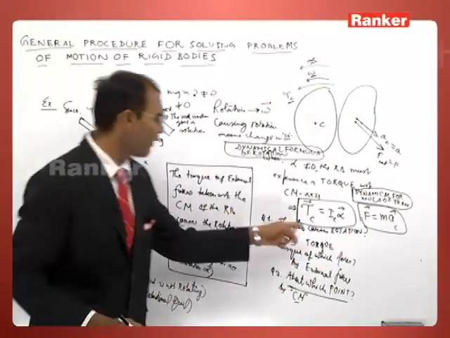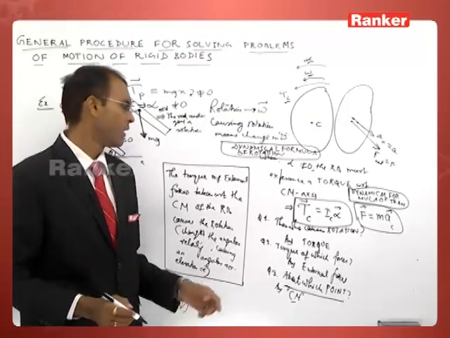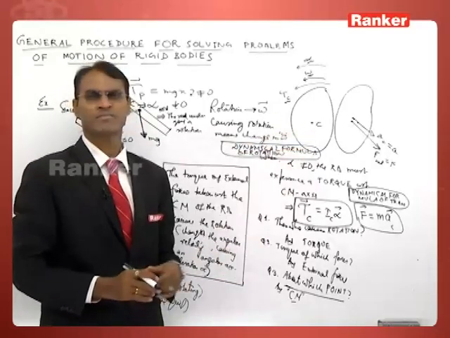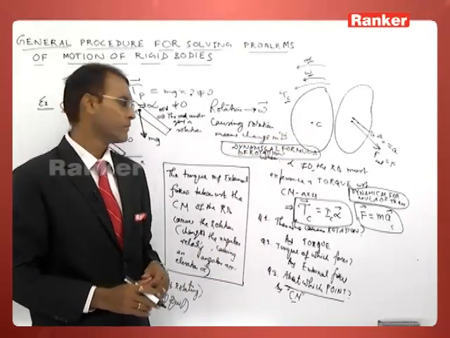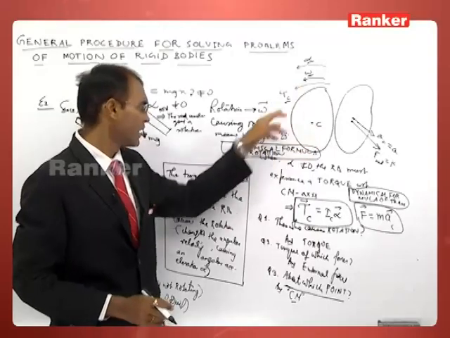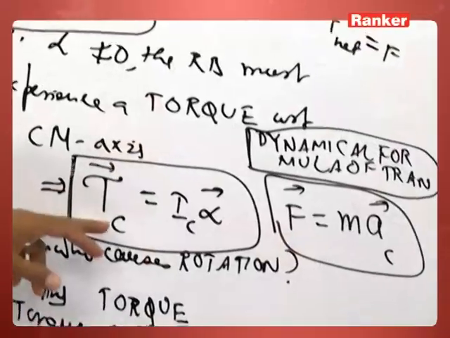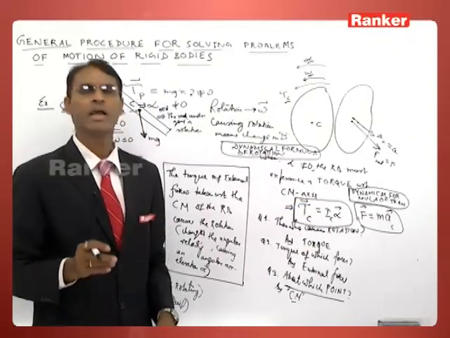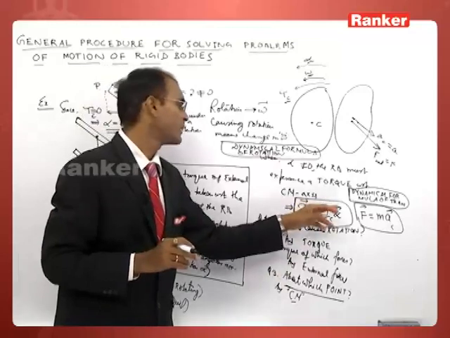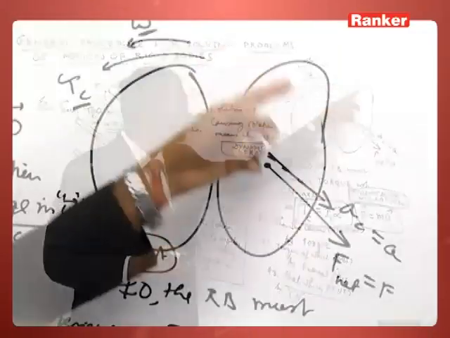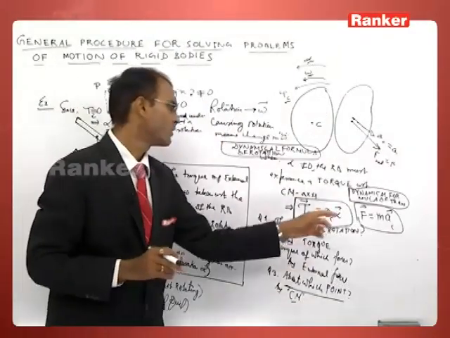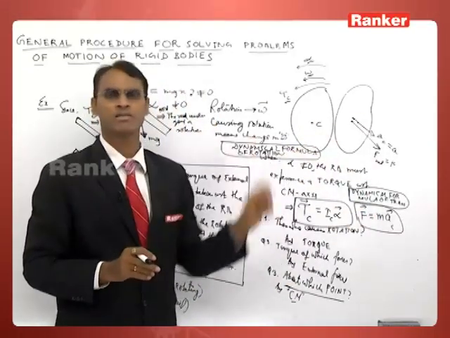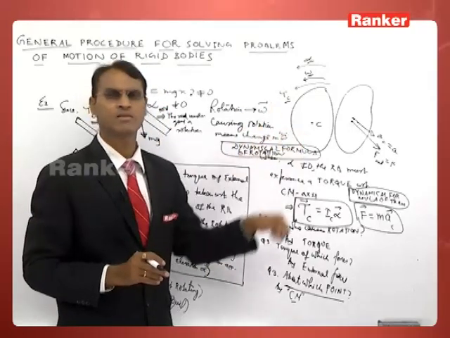So the method you are following is based upon the center of mass frame. About the center of mass, we have to take the torque of all external forces and equate it with I c into alpha. Alpha is the angular acceleration of the rigid body, and the net force acting on the rigid body should be equated with the mass of the rigid body times the acceleration of the center of mass, not the acceleration of any other point of the rigid body.